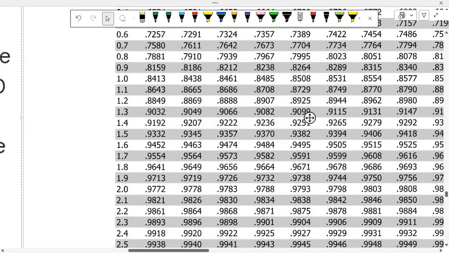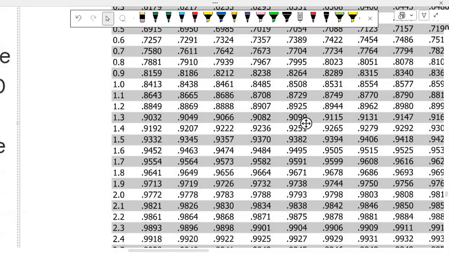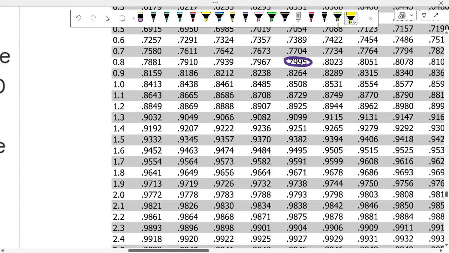So 0.8000. All right, so here's 0.823, 0.7995. That would be the closest. So to get the z-score, I go out to the margin. Okay, that's the first part of my z-score, 0.8.